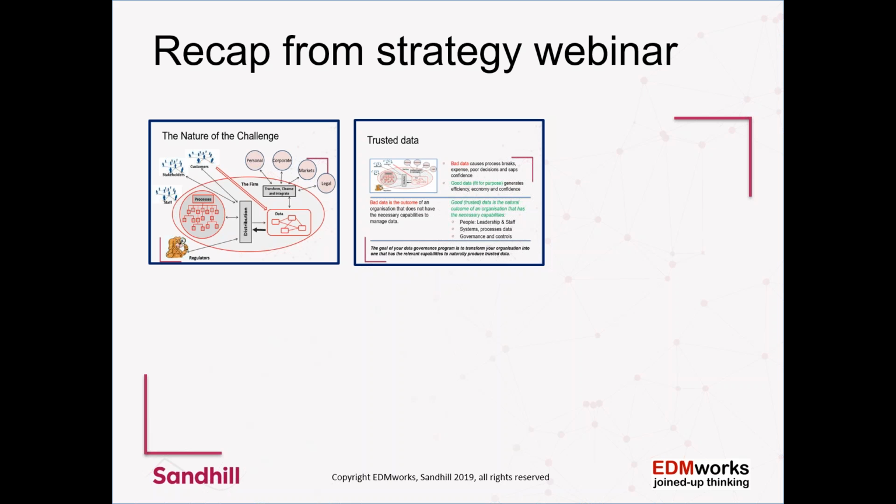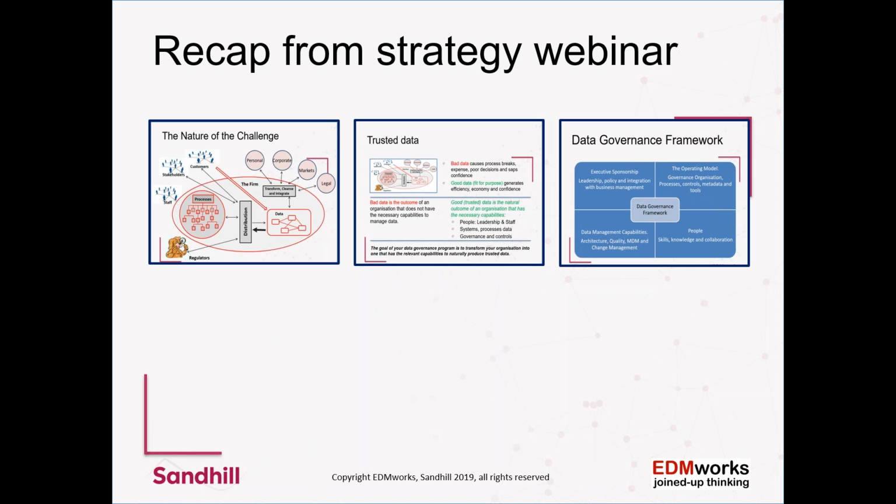We made one important statement, which is to say that trusted data is the natural outcome of an organization that has the necessary capabilities in terms of people, leadership, staff, systems, processes, and governance and controls. Now, in order to create that sort of organization where data just naturally flows as good data instead of being bad data, which is an impediment, we talked about a governance framework with 4 quadrants.